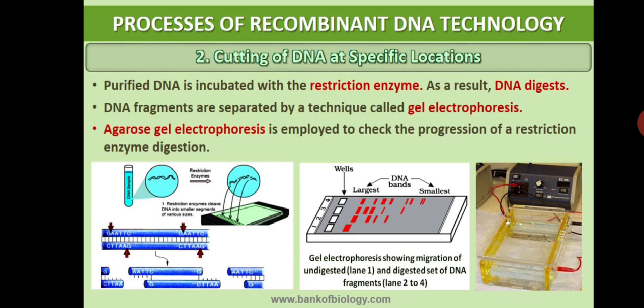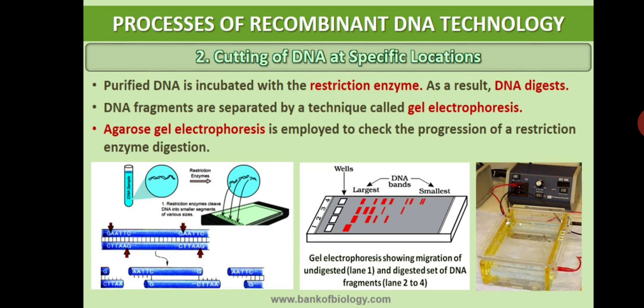When you treat the entire genome with the restriction enzyme, DNA fragments are produced, and not all the fragments have the same length. Some fragments are larger in size, some are very small. Like this, a mixture of DNA fragments is produced.